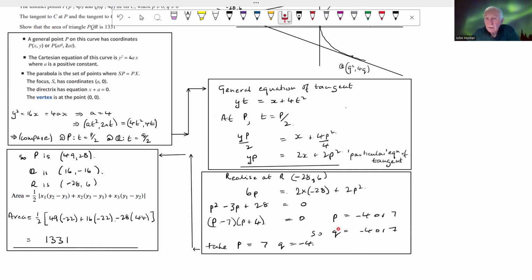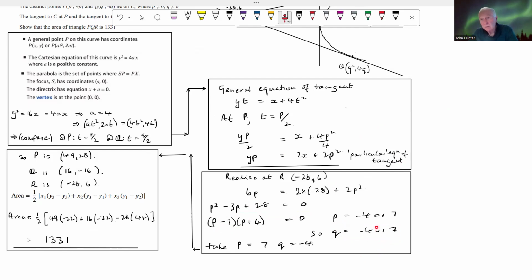So this is very similar in that sense to this. This is that equation, but in terms of p. We can factorize that, and we solve for p as minus 4 or 7. Now we've got exactly the same equation for q, so q is going to be either minus 4 or 7.